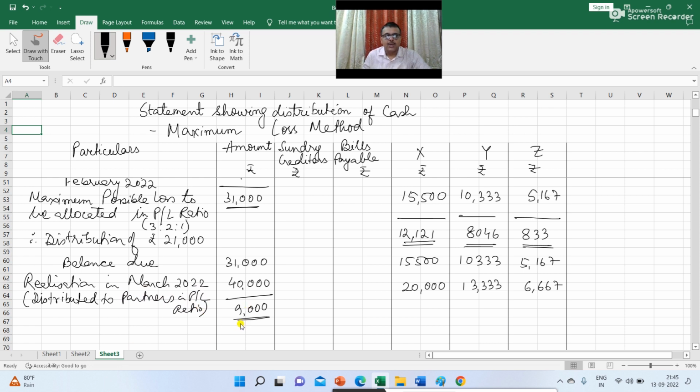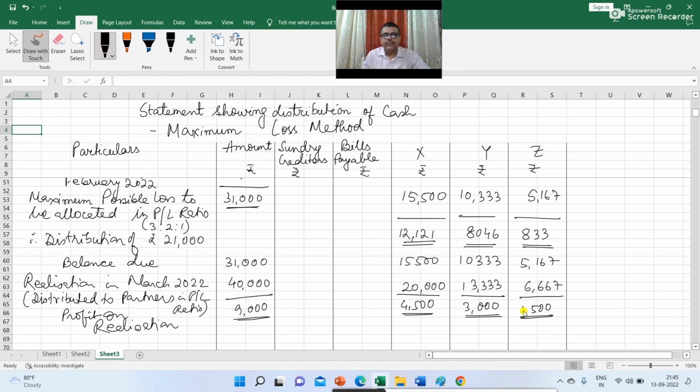So the surplus, you can say, is the profit on realization. So profit on realization of 9,000 was shared by X 4,500, 3,000 is the profit on realization of Y, and 1,500 is the profit on realization of Z.